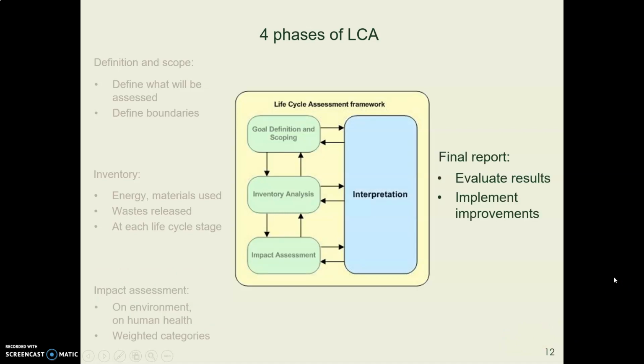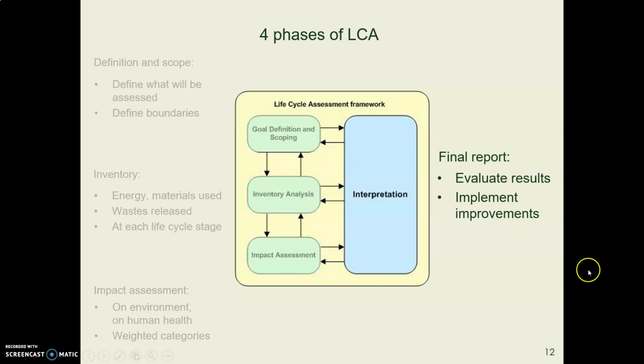And then you interpret what you discovered in these first 3 steps. You write a final report, and you identify what you can do to improve the life cycle. When we looked at ISO 14000 in an earlier lecture, you might have noticed that part of environmental management is continuous improvement.